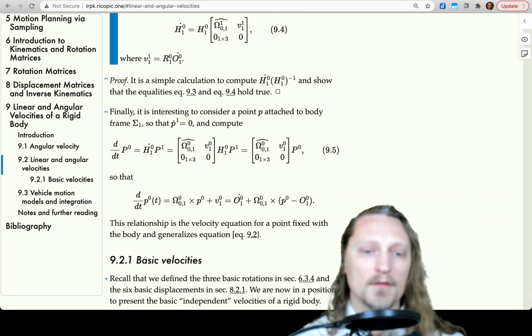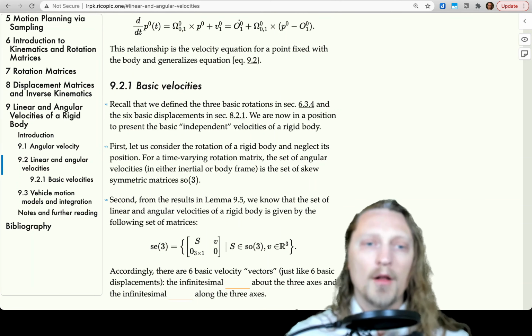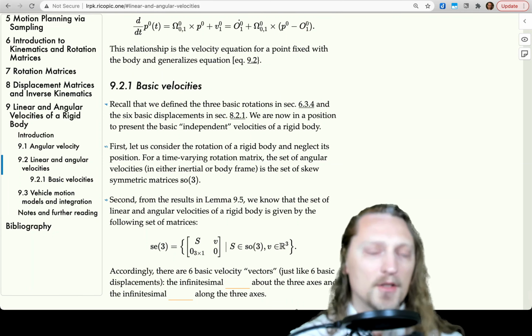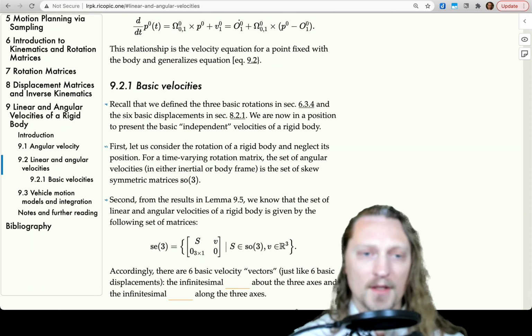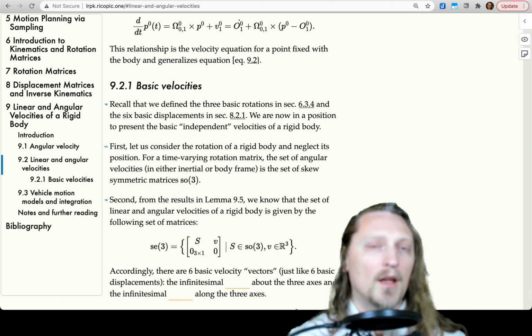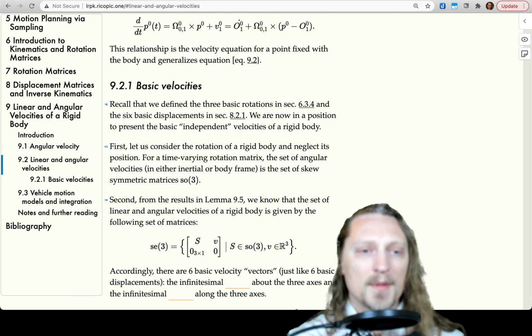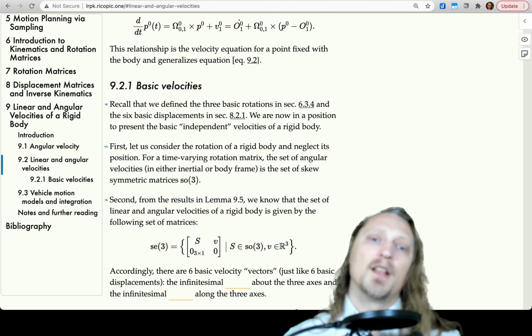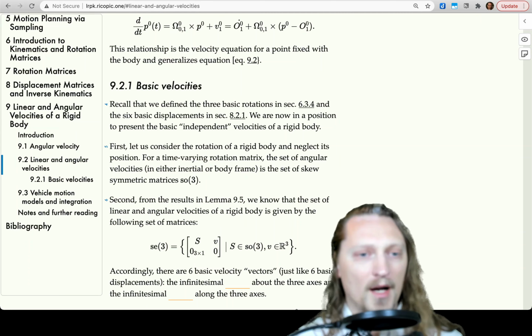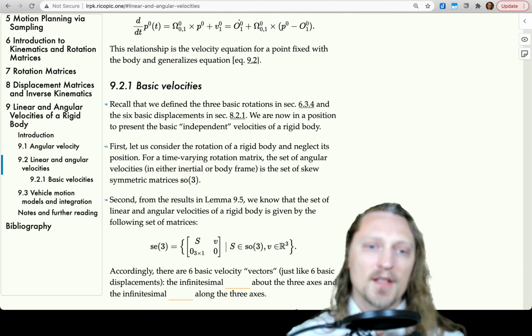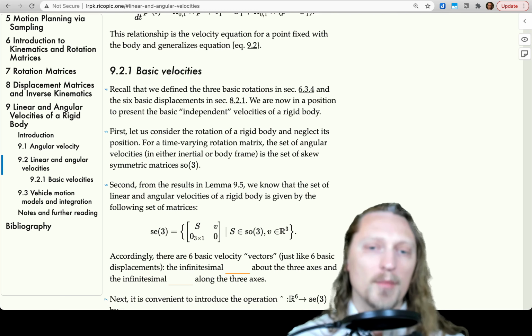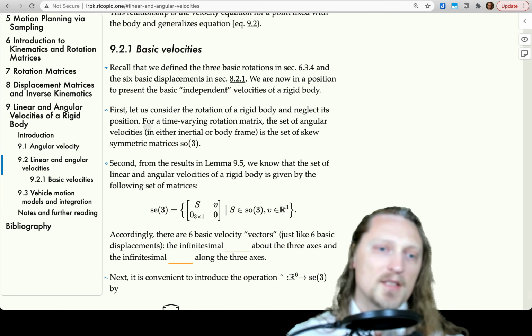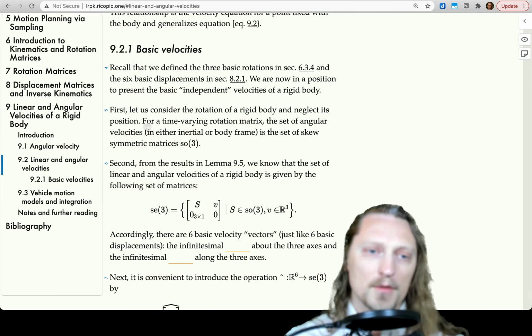Good. Basic velocities. Recall that we defined the three basic rotations in section 6.3.4 and the six basic displacements in section 8.2.1. We are now in a position to present the basic independent velocities of a rigid body. First, let us consider the rotation of a rigid body and neglect its position. So we're just going to focus on its rotation.